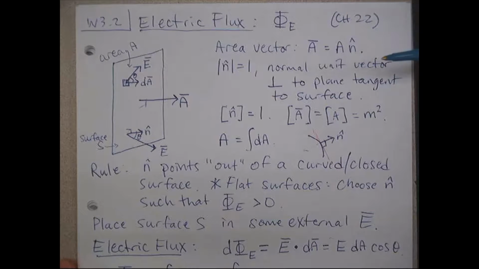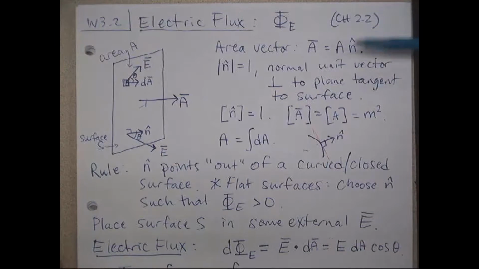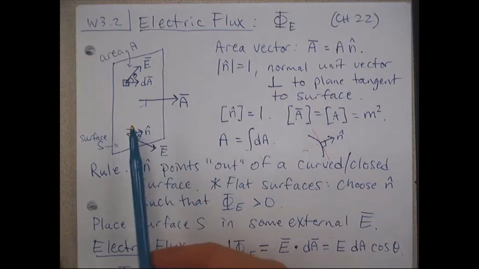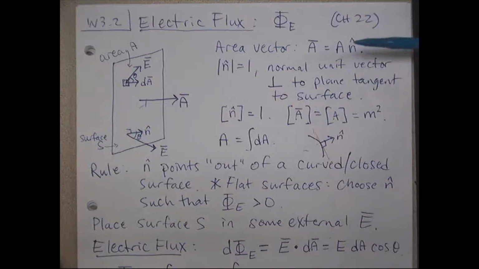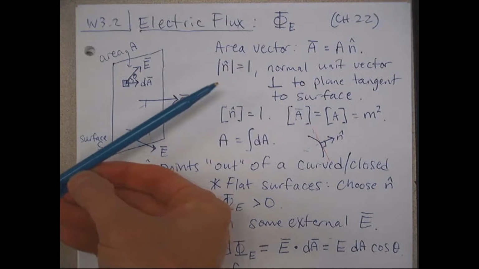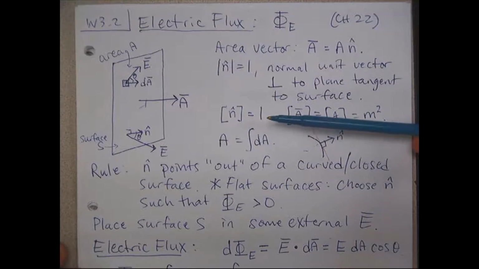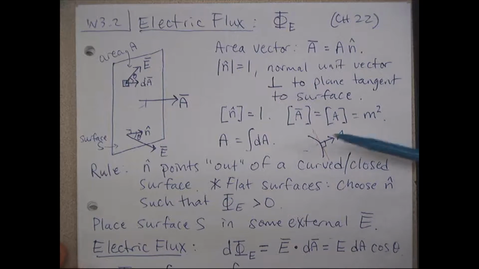In order to compute the flux, you'll need to define an area vector, A. It has magnitude equal to the area of that surface, and it has a direction which is perpendicular or normal to the surface. The n hat is the unit vector which is normal to that surface. It has, of course, a magnitude of 1.